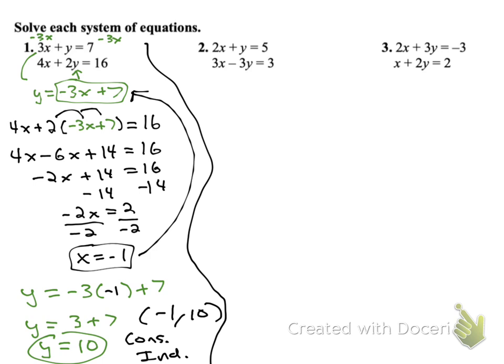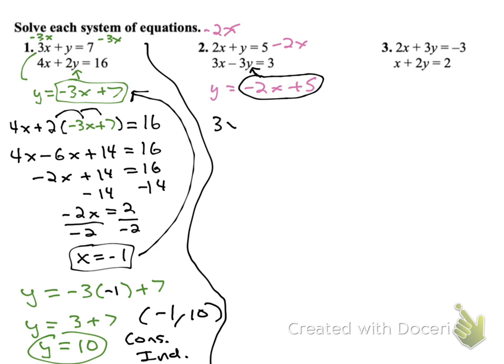Try and do substitution on number 2. All right, so first equation, subtract 2x. That gives you y equals negative 2x plus 5. I'm going to plug that in for y in the second equation.